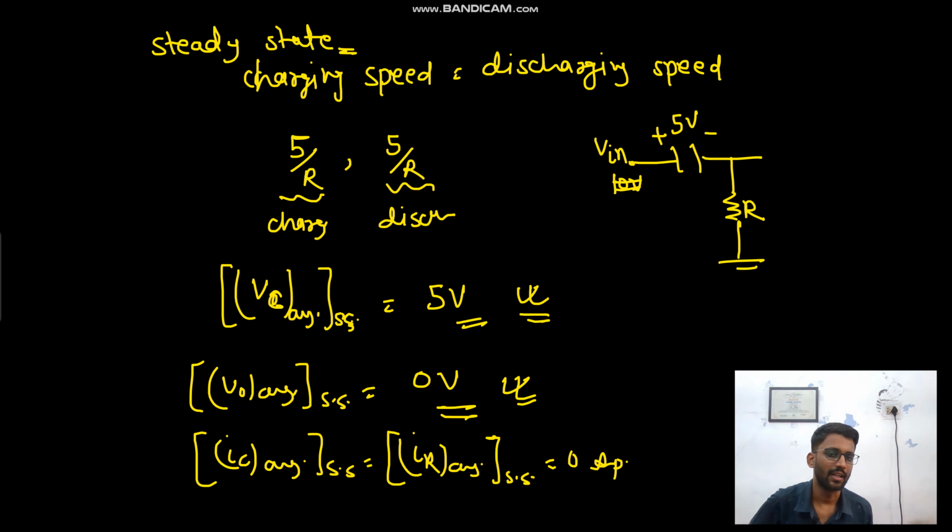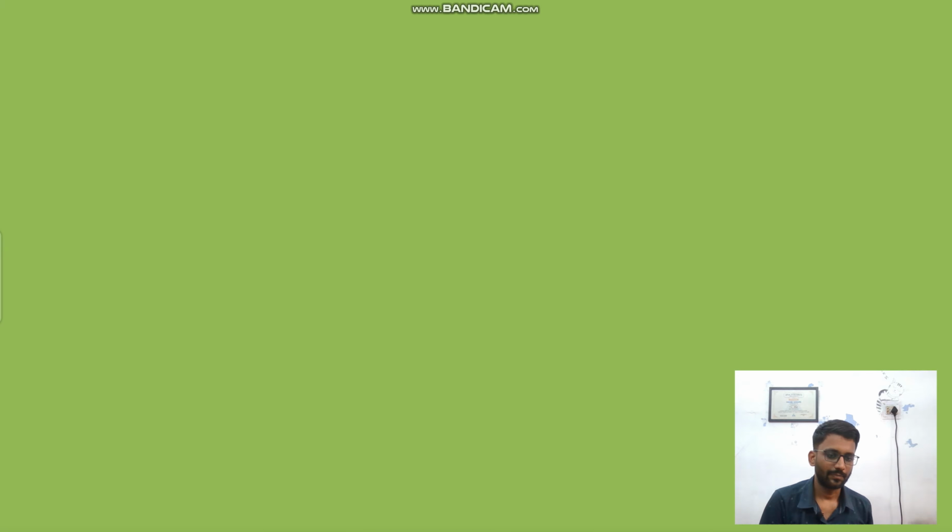If Vin is 0, the current will be minus 5 by R. So first we had 5 by R current, then minus 5 by R, then 5 by R, then minus 5 by R. So what is the average value? That is 0. So that analysis we have also seen. Now you can do the analysis with the concept of Bode plot. So this is method 2.